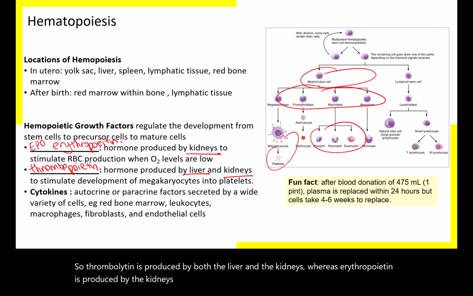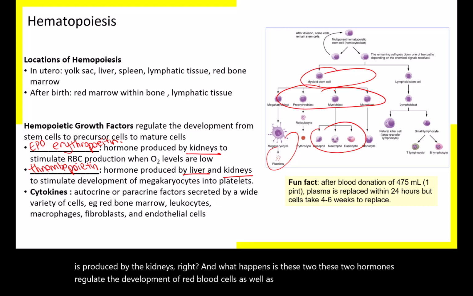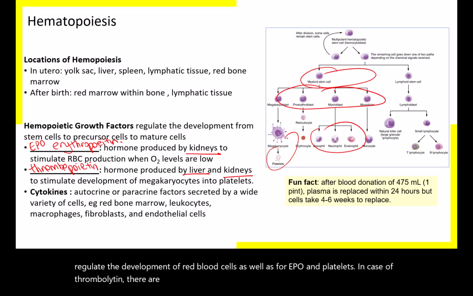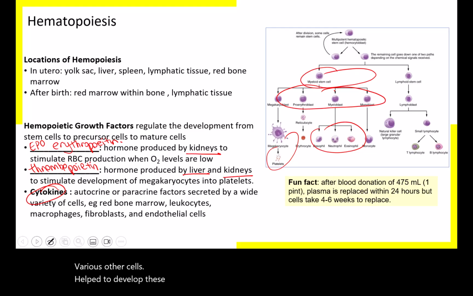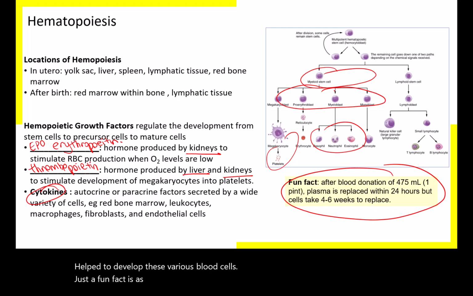And these two hormones regulate the development of red blood cells in the case of EPO, and platelets in the case of thrombopoietin. There are also other factors called cytokines that are secreted by various other cells to help to develop these various blood cells.